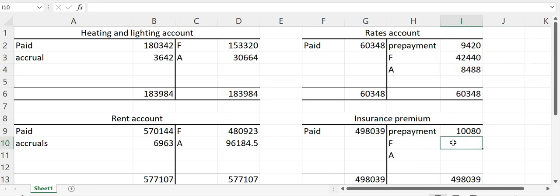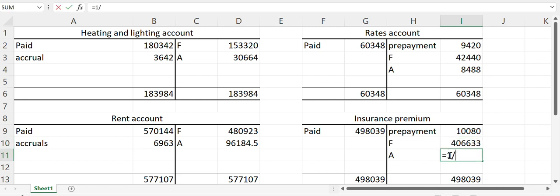So we do the same here. Factor it was 5/6. We multiply that by, we open bracket, it is 498039 minus 180, close that bracket.